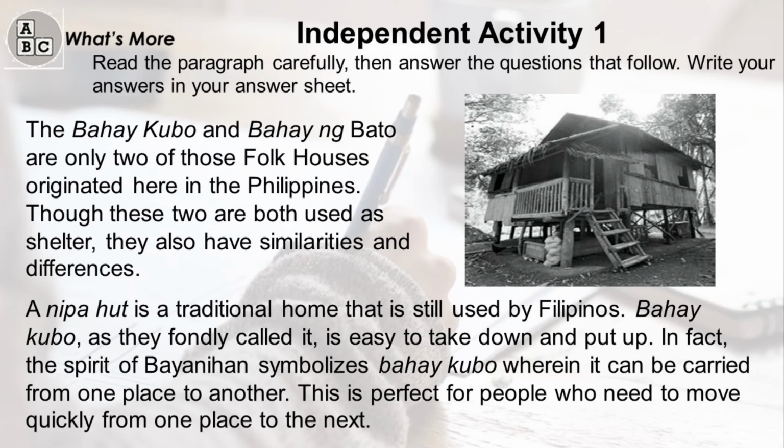A nipa hut is a traditional home that is still used by Filipinos. Bahay kubo, as they fondly call it, is easy to take down and put up. In fact, the spirit of bayan symbolizes bahay kubo, wherein it can be carried from one place to another. This is perfect for people who need to move quickly from one place to the next.